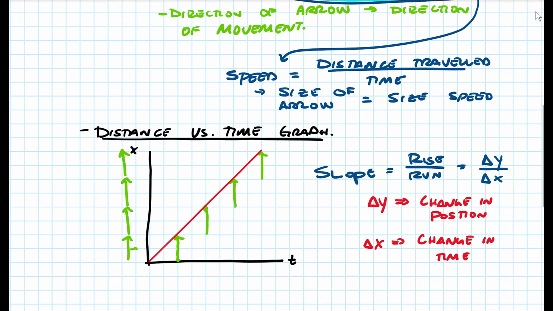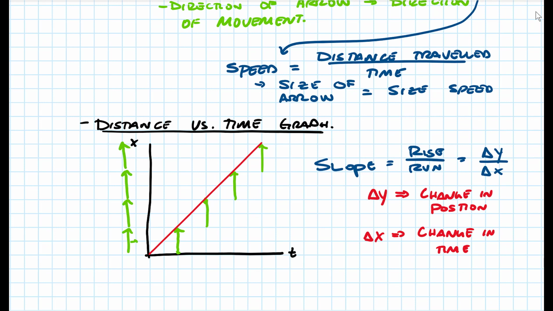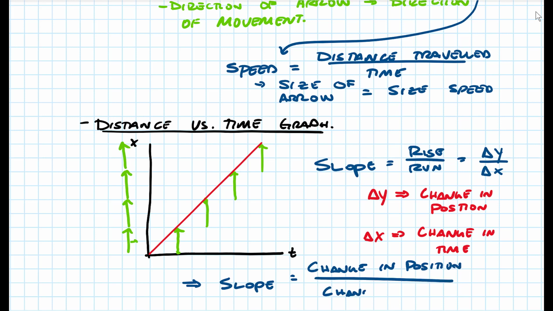So the slope for this particular graph is the rise, change in position, over the change in time, which is speed.